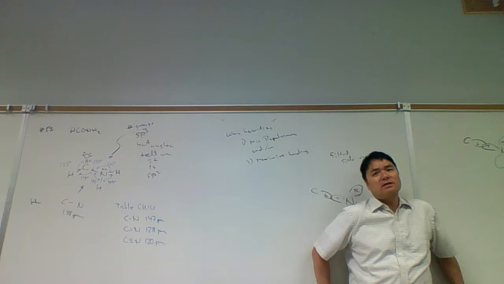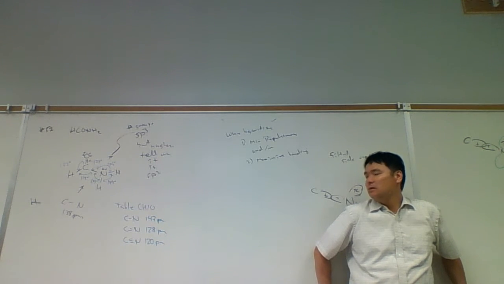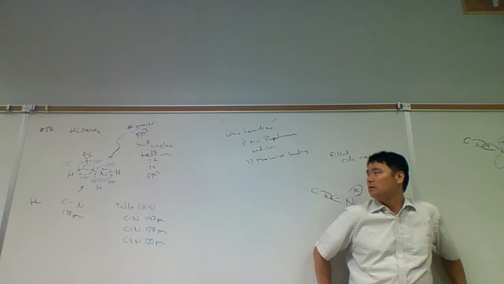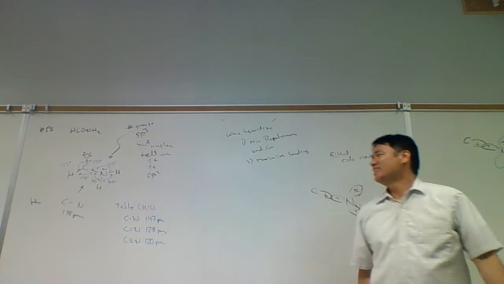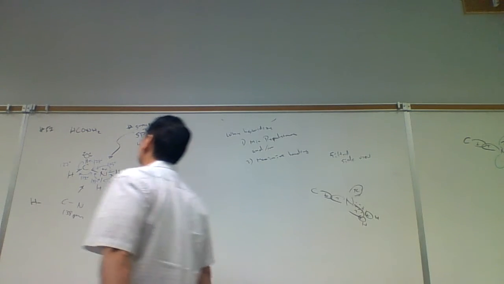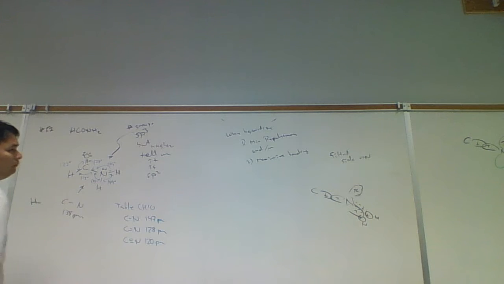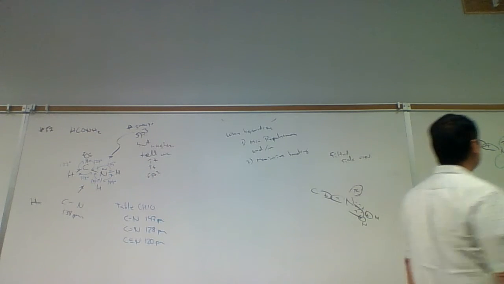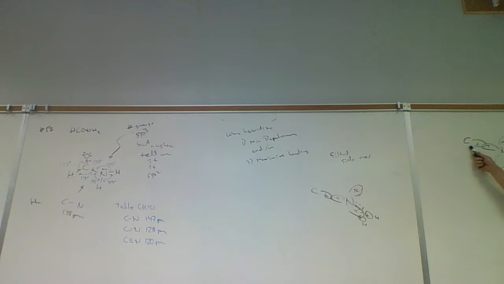This must be for maximizing bonding, but this is just a single bond there. How am I going to be maximizing the bonding in this case? Well, the maximizing of the bonding comes from the fact that carbon is also sp2 hybridized.